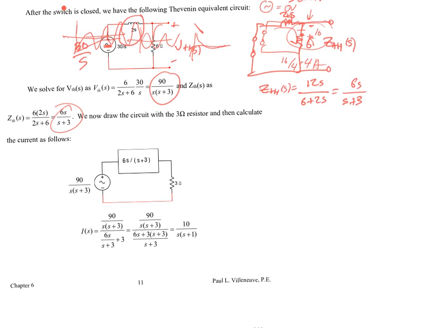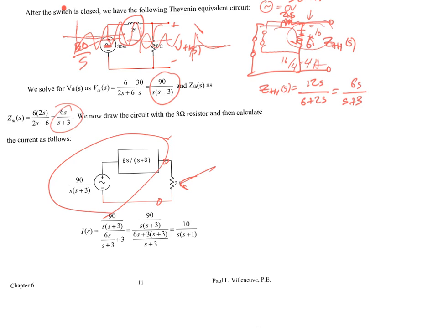We're going to replace the 30, the 6 ohm resistor and the 2 Henry inductor with that element. Actually, not even that element. We're going to replace it with this element. This is the Thevenin equivalent. We're going to add onto it at this point our load resistor.